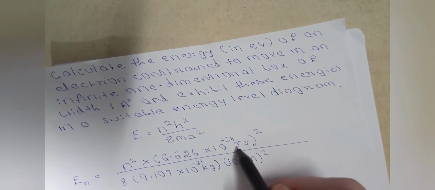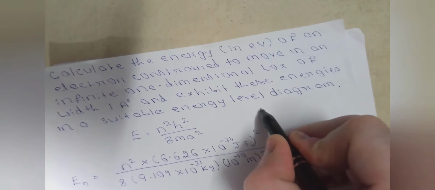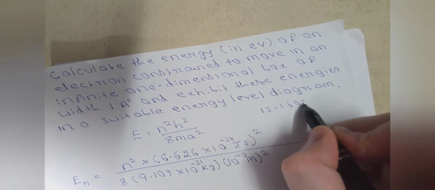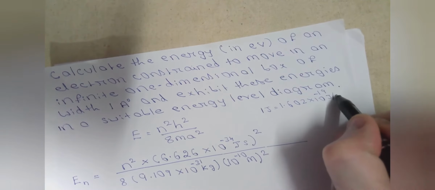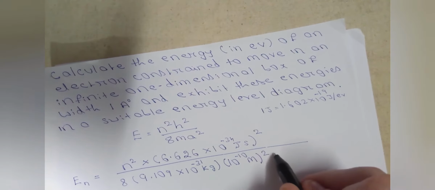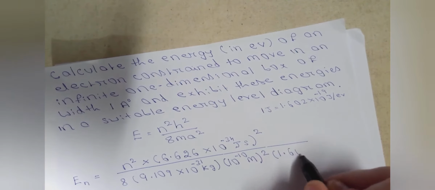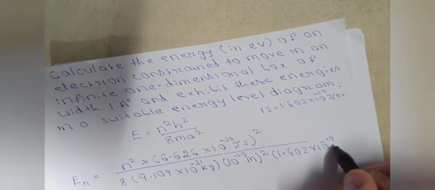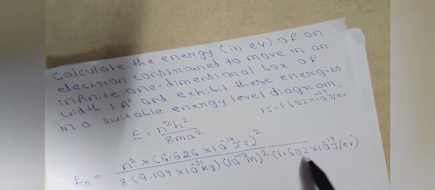Now this is in terms of joule. So now this has to be converted into electron volt, and we know that 1 electron volt is equal to 1.602 into 10 to the power of minus 19 joule. So by dividing this whole thing by 1.602 into 10 to the power of minus 19 joule per electron volt, this is the equation.